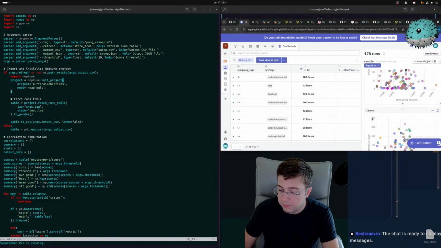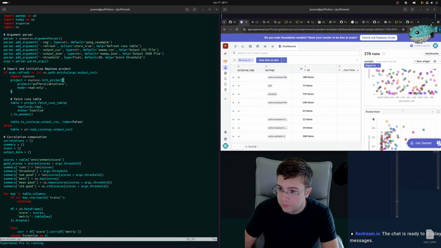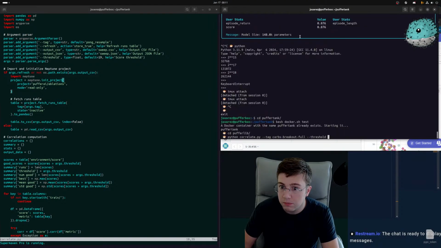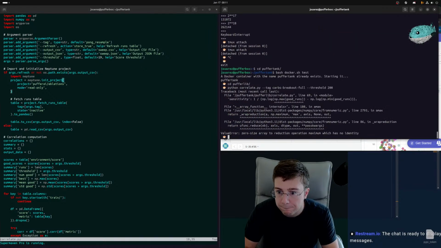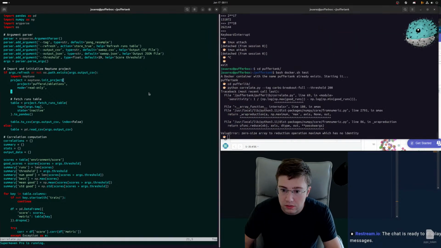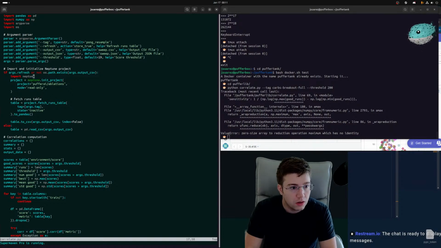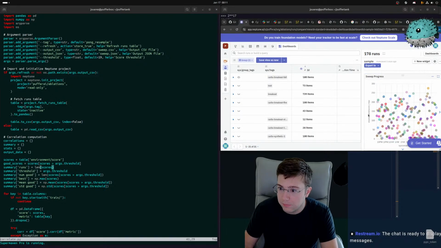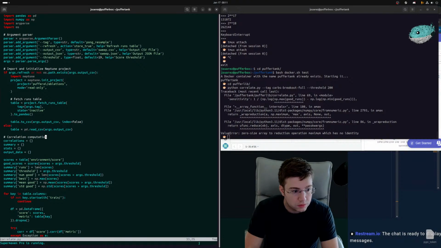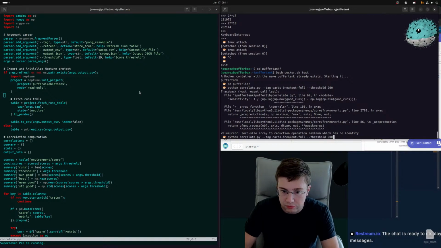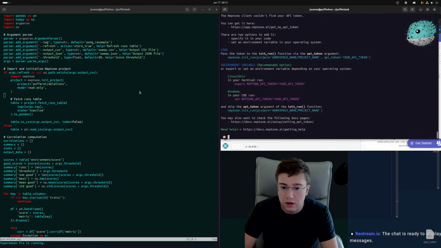Threshold is going to be, say, 200. Interesting. It should be environment slash score, right? Ah, you gotta do dash dash refresh. And this environment variable.